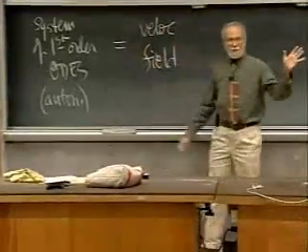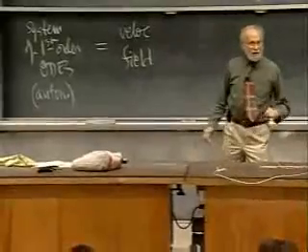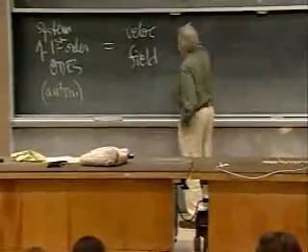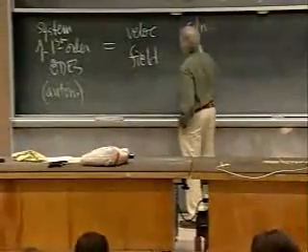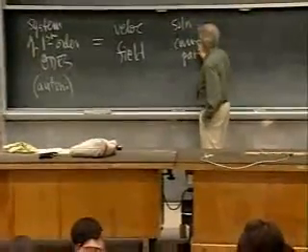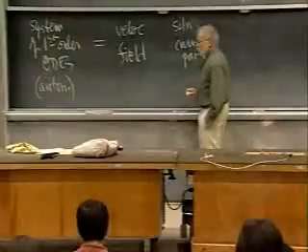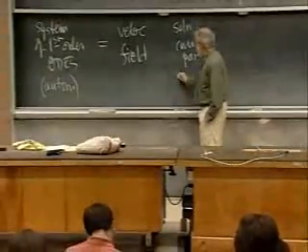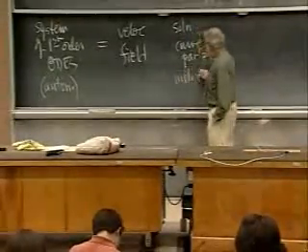A field of velocity vectors, the plane covered with velocity vectors, and a solution is a parametrized curve with the right velocity everywhere.